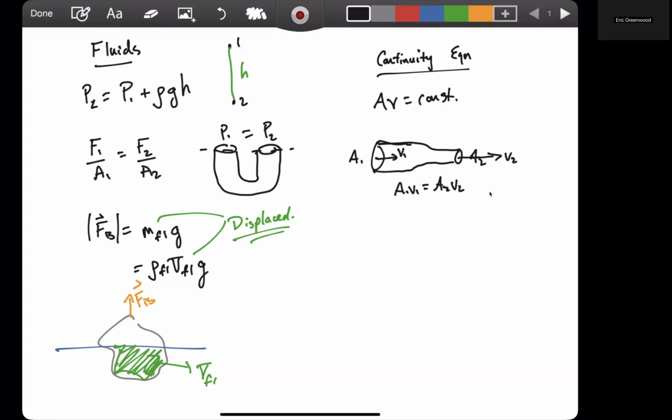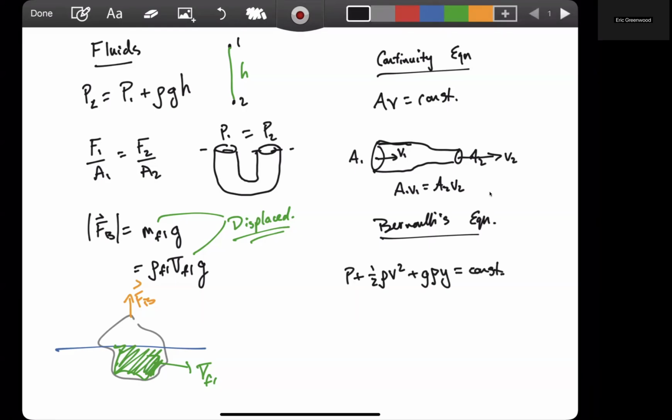Next up, we have Bernoulli's equation. This one is very similar, but it says the pressure at a point plus 1/2 the density times velocity squared plus rho times g times the height is also equal to a constant.